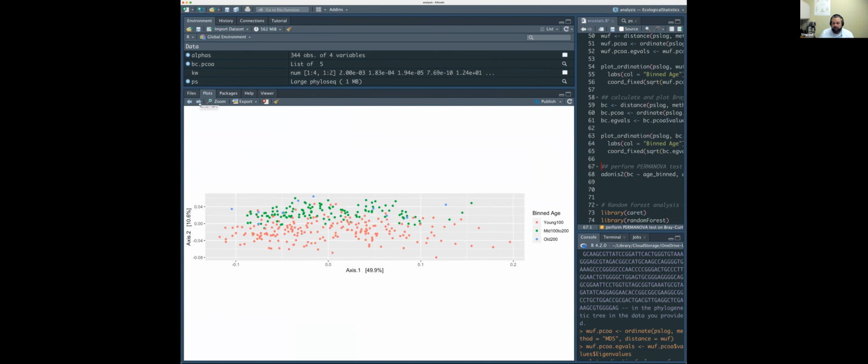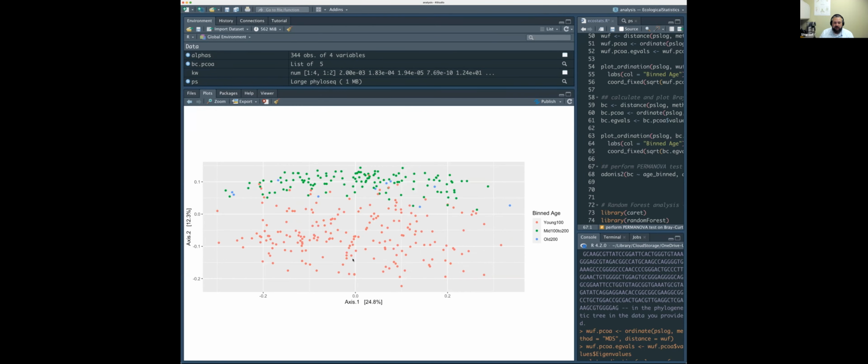The weighted unifrac shows a lot less group separation than the Bray-Curtis. So you might interpret that as there being fewer shared species between the young mice and the older to middle-aged mice.